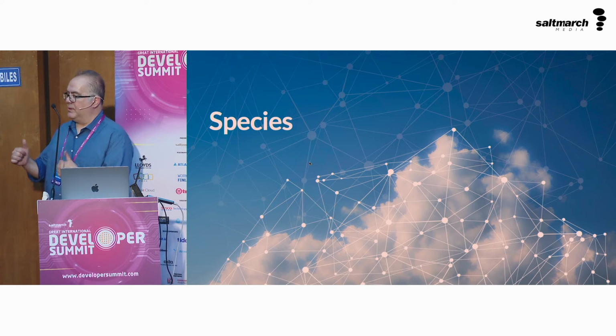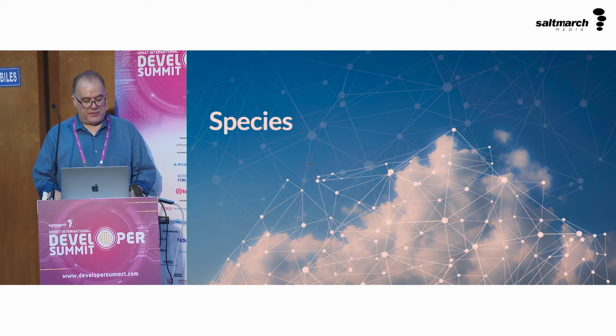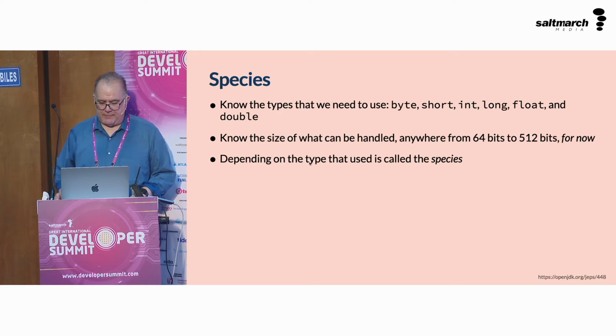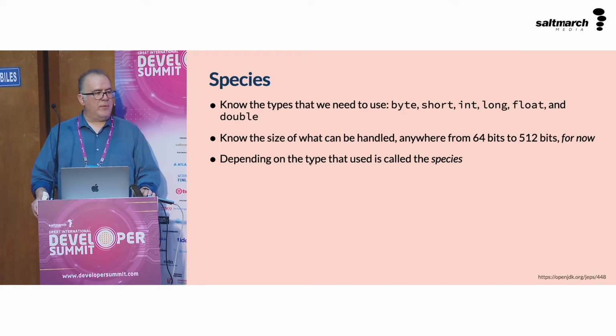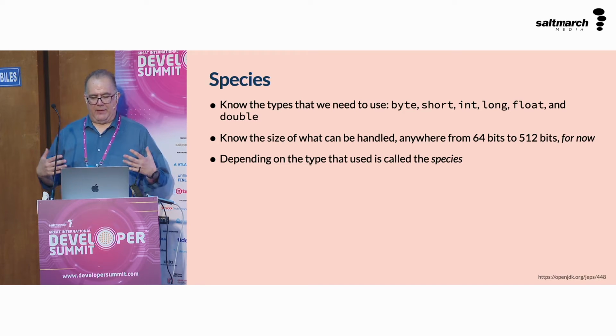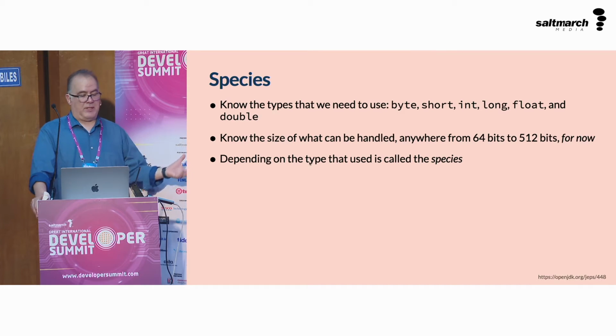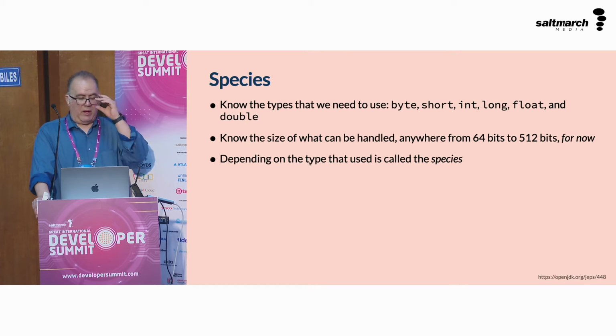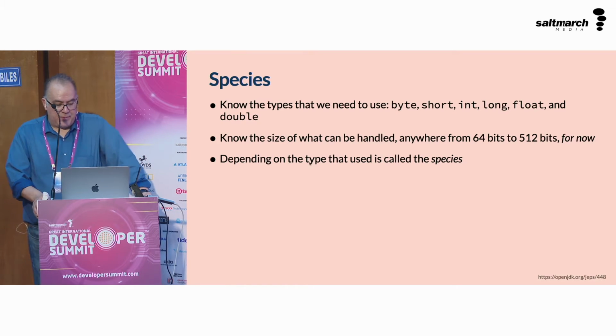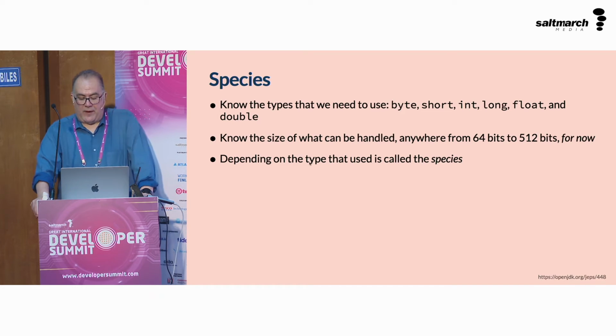Okay, cool. So we move on to species. So what is a species? When we look things up for our SIMD processes, we have to declare what species we are going to use, okay? And so we could say we want to use byte, short, int, long, floats, or doubles. And you'll need to know the size of what can be handled, anywhere from 64 bits to 512 bits.